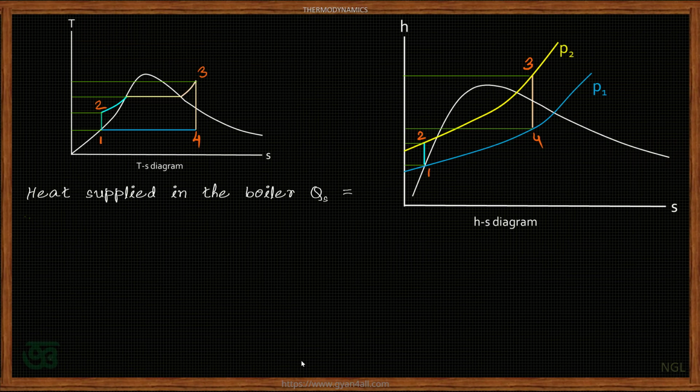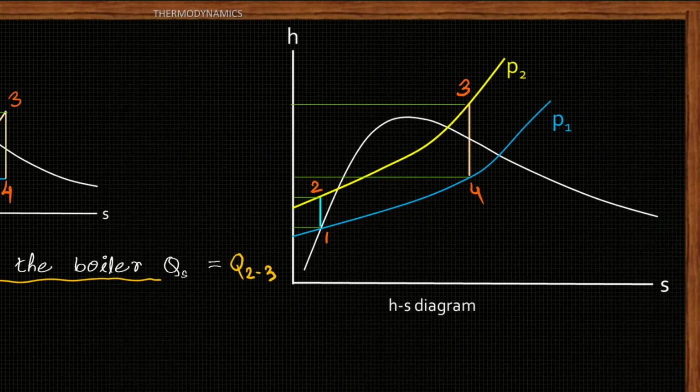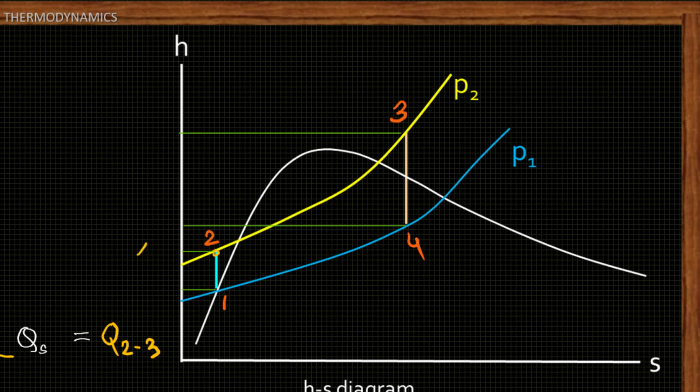Now, analysis of the Rankine cycle. First we'll find out the heat supply during the cycle, which is done inside the boiler, during the process 2-3. So QS, heat supplied, equals Q23, and from the HS diagram, for point 2 the enthalpy is H2, and for point 3 the enthalpy is H3.